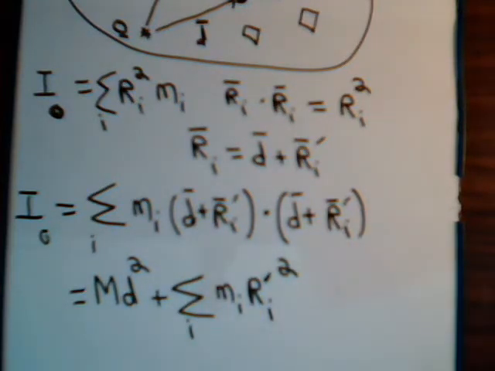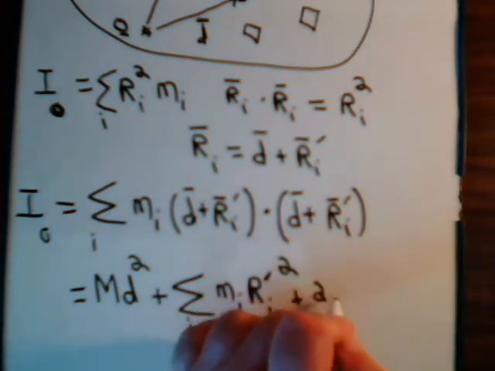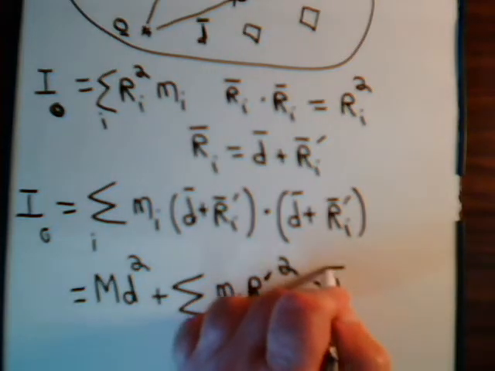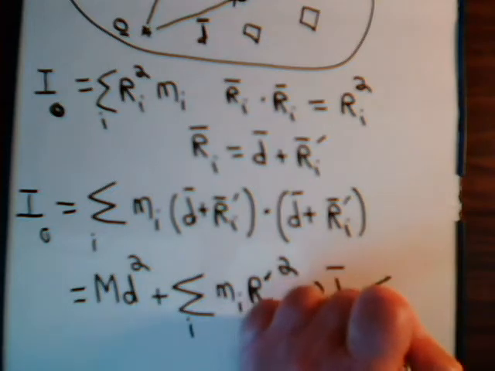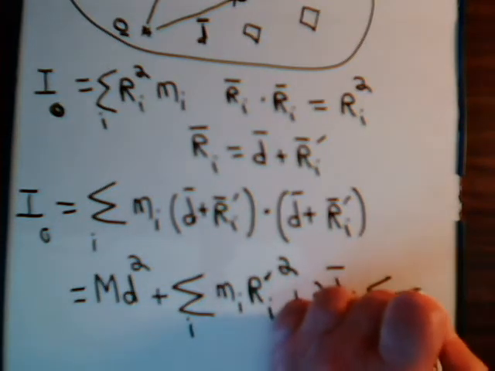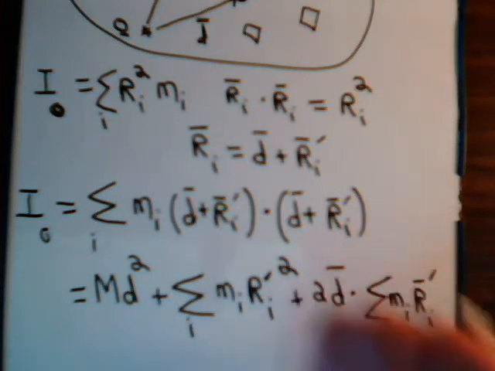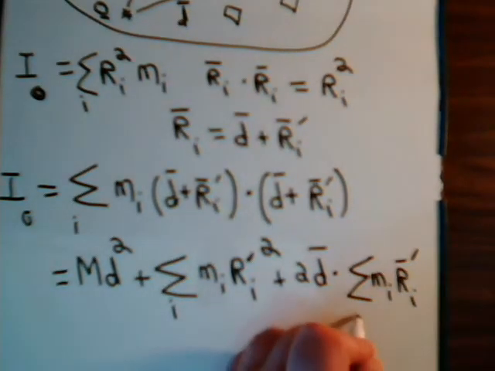So for the cross terms, we can write it like this, plus 2 d dot, we'll put the m in, mi Ri prime summed over i.